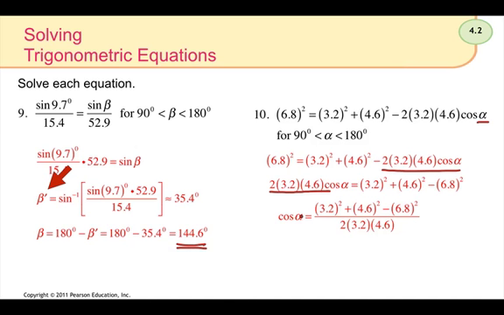So since I'm looking for alpha, again, I'm going to have to use the inverse functions. So alpha is equal to cosine inverse of whatever this is. You punch it into the calculator, and you end up with 120.3. Now, in this case, I don't have to compensate because the alpha that I need has to be between 90 and 180.